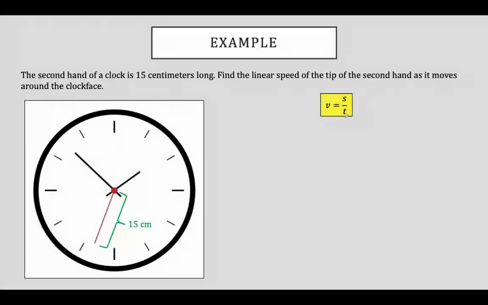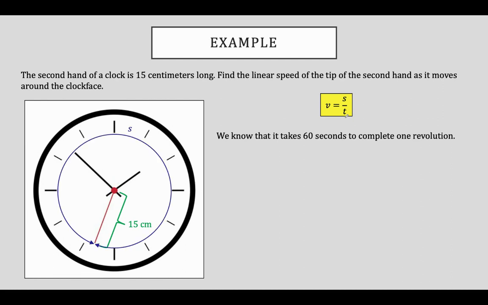How long does it take our second hand to make one complete revolution? Well, 60 seconds, right? 60 seconds in 1 minute. It takes 60 seconds to complete one full revolution. If we are completing one full revolution, what would be the arc length that we travel through?